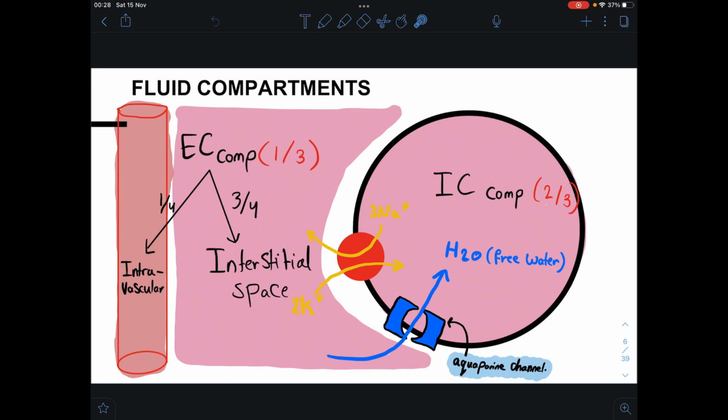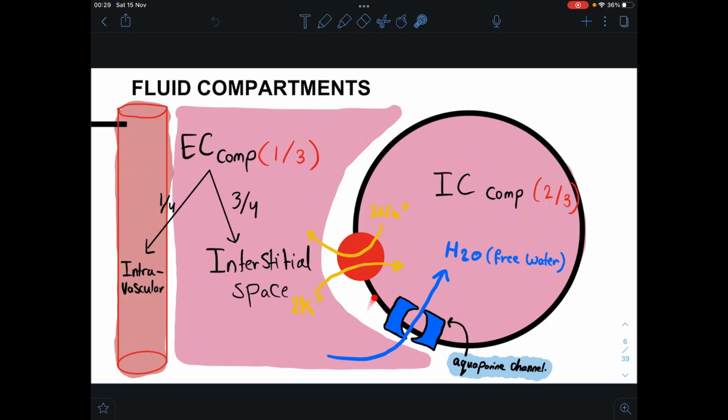There are sodium-potassium ATPase pumps that continuously pump 3 sodium out and take in 2 potassium, and this keeps the sodium concentration at 140 in the interstitial space.